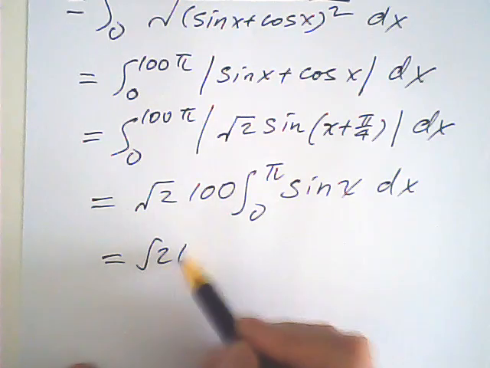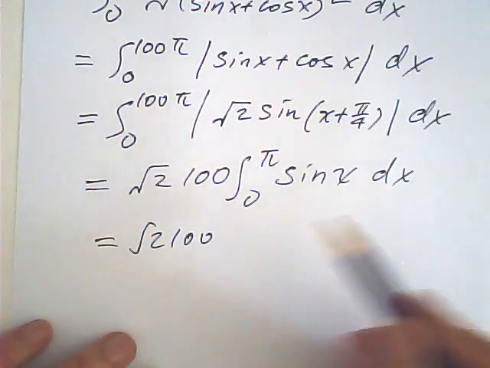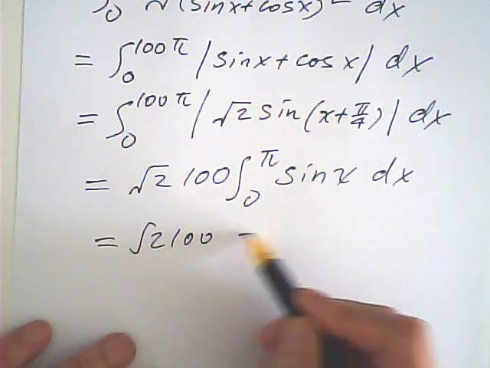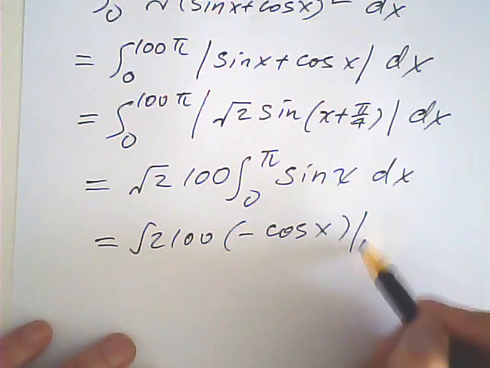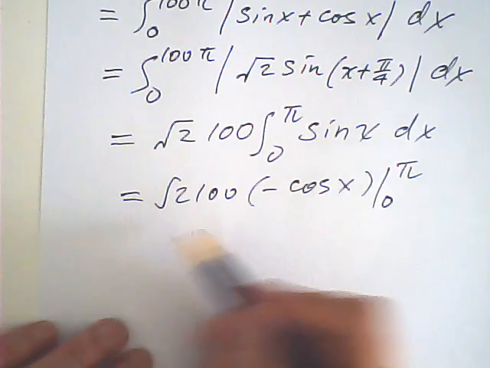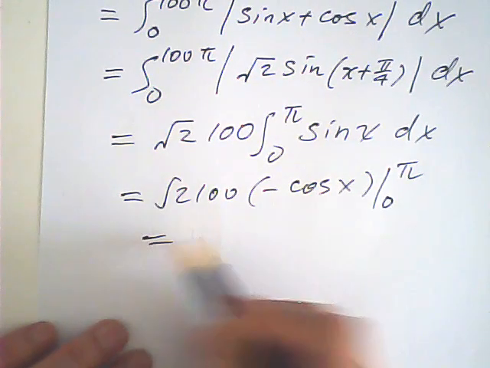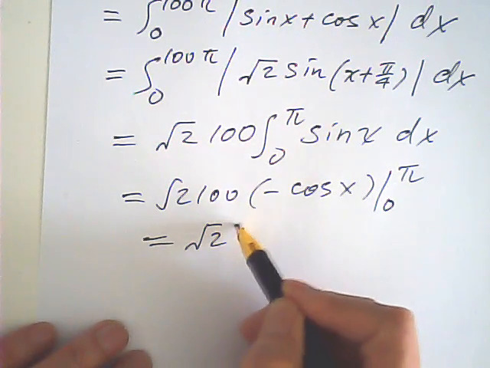Root 2 times 100, and this is negative cosine x from 0 to pi. So this is a 1 and a 1, and it becomes a 2.